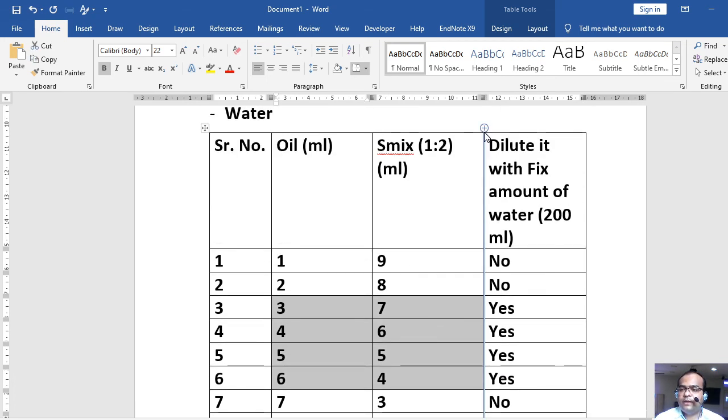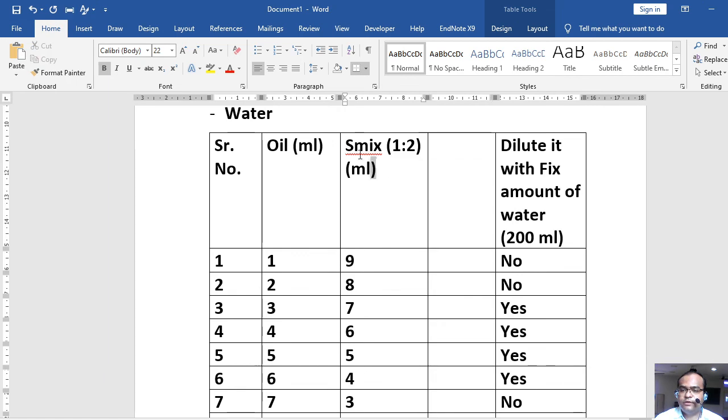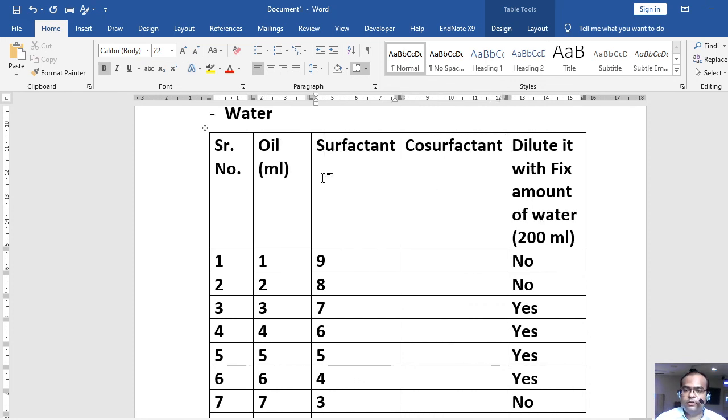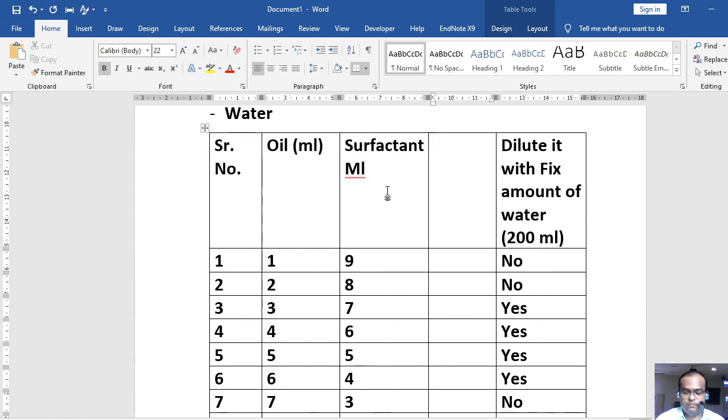And as it is a mixture of surfactant and co-surfactant, and we are not utilizing water here, we will select surfactant and co-surfactant separately as our components, and we will draw a perfect ternary phase diagram.